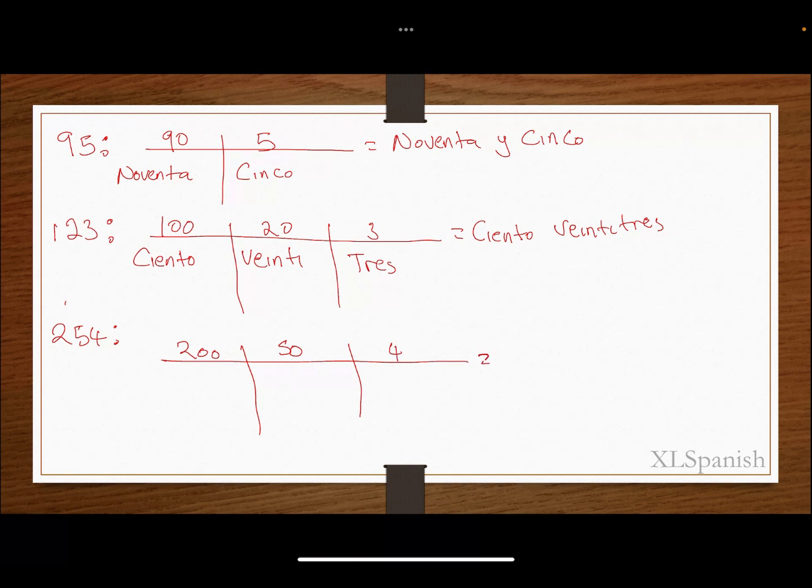All right, so 254. 200 is doscientos. 50 is cincuenta.